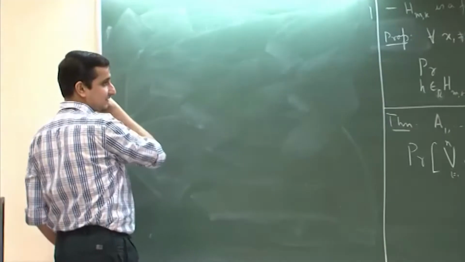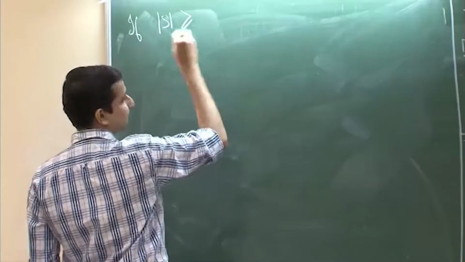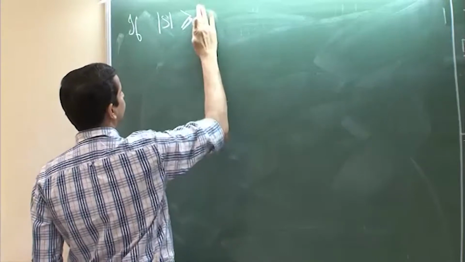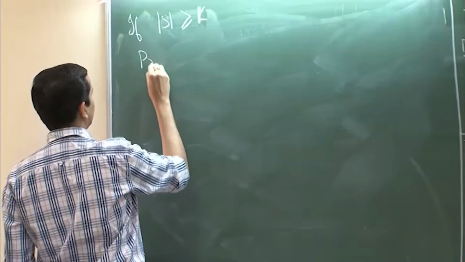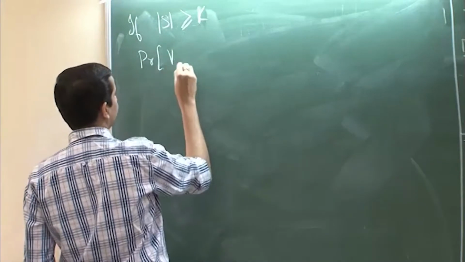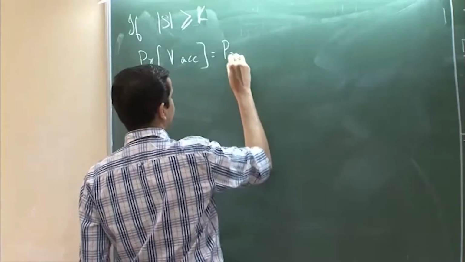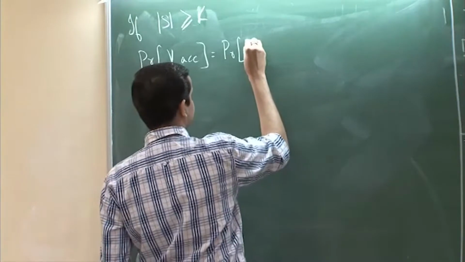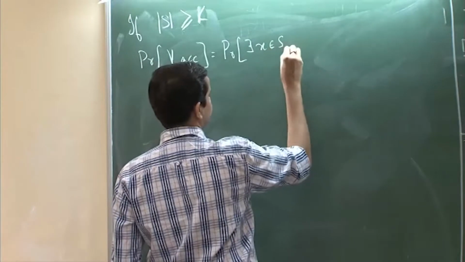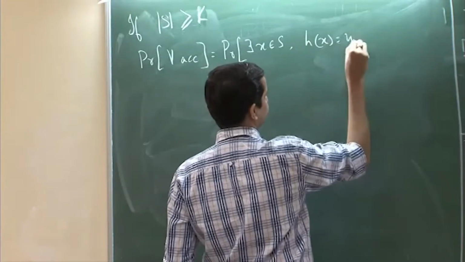Again the analysis is not very difficult. If the size of S is greater than K, what is the probability that V accepts? It is the same as the probability that there exists an x in S such that h of x is equal to y.